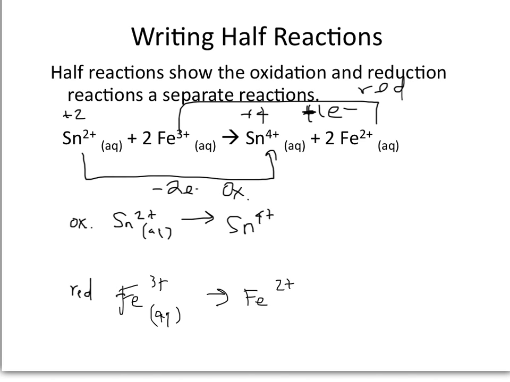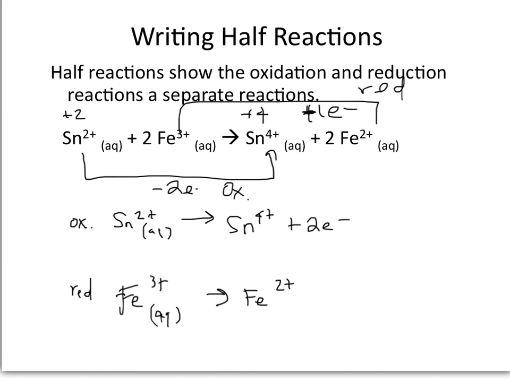If we look at this from the perspective of what's happening with our electrons, in the oxidation step, this Sn2+ ion has lost 2 electrons, so they are going to be a product on this right-hand side, which makes sense because if we look at our overall charges on the right-hand side, +4 + 2- will give us +2 on this side, which will equal the +2 on that side, so our charges are equal.